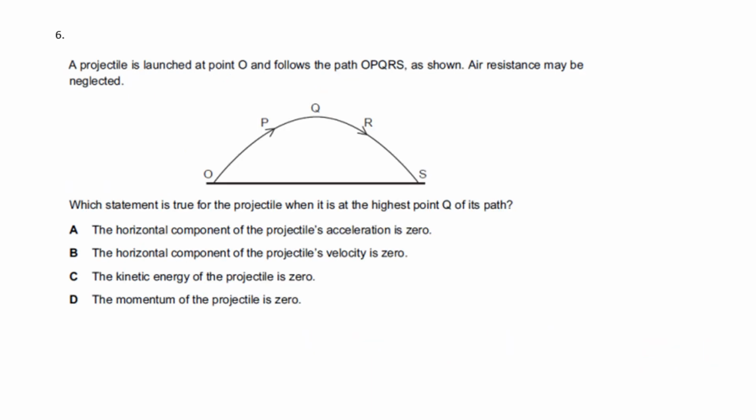Question 6. A projectile is launched at point O and follows the path O, P, Q, R, S as shown. Air resistance may be neglected. Which statement is true for the projectile when it is at the highest point Q of its path?